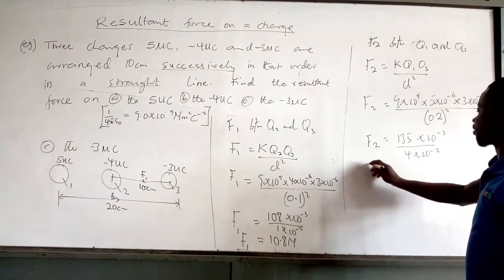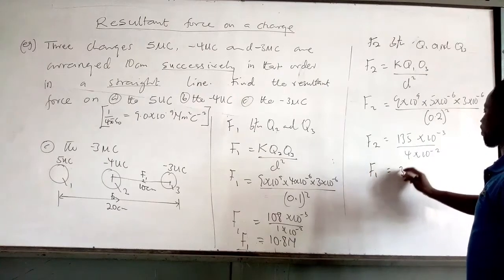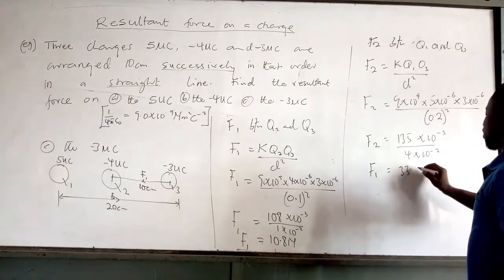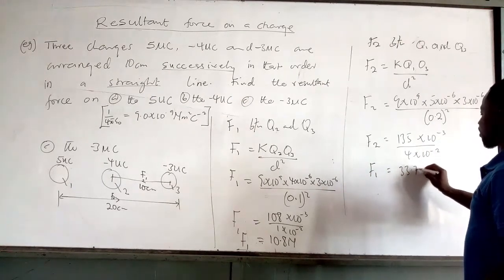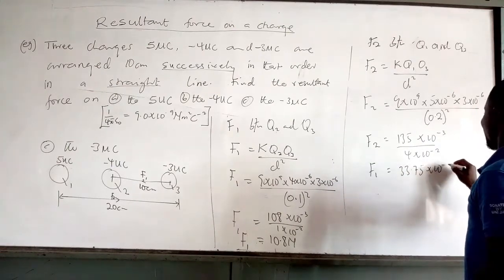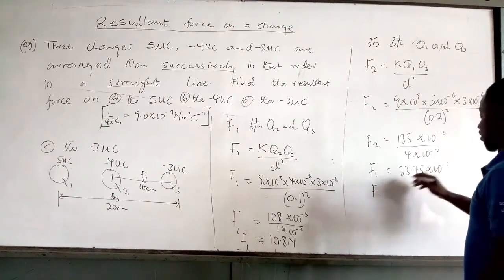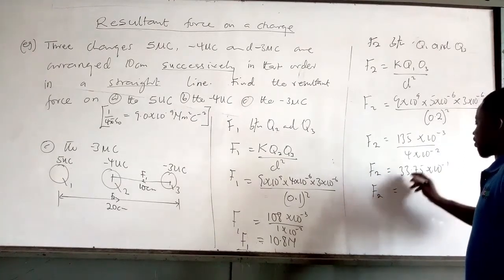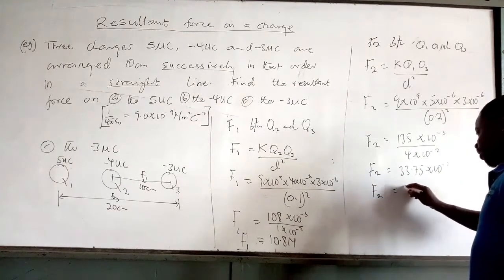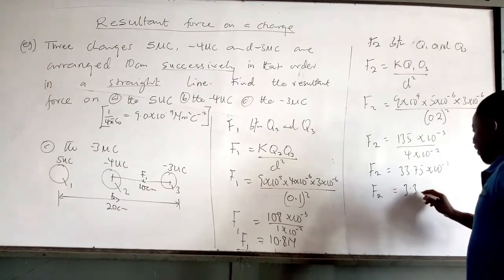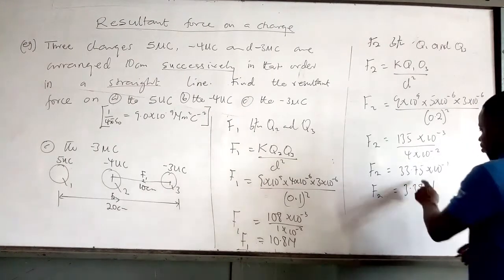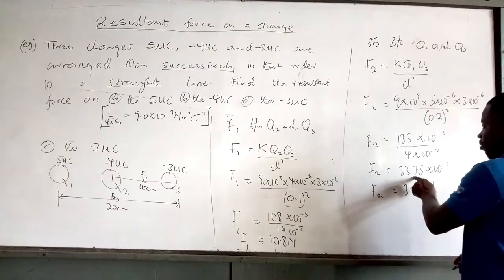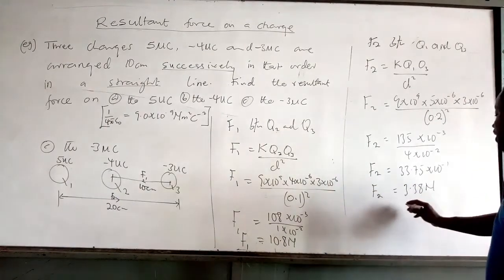F2 is equal to 33.75 times 10 raised to the power minus 1. So simplifying this, F2 is equal to 3.38 newtons. I'm rounding this one up to give me 3.38 newtons.